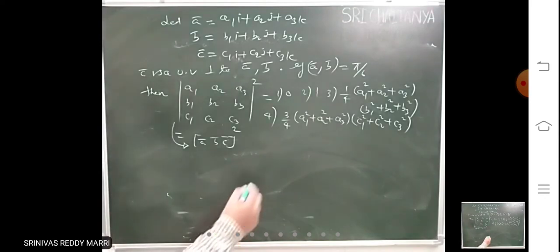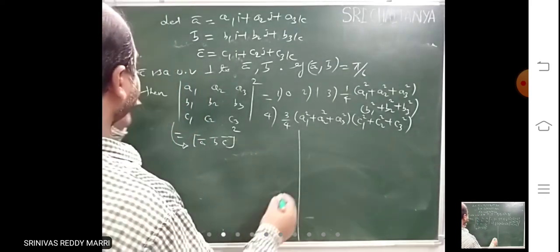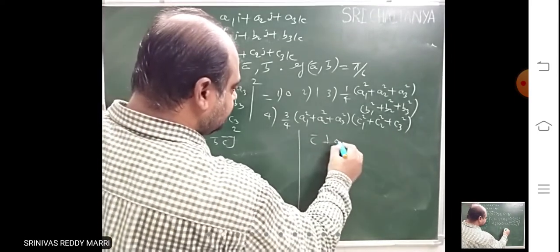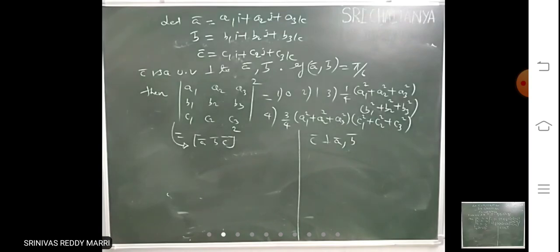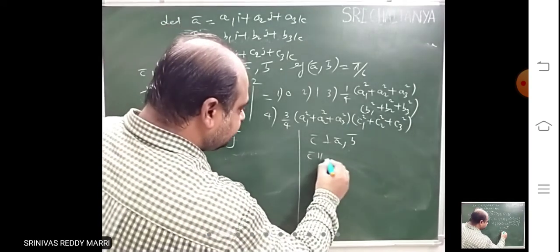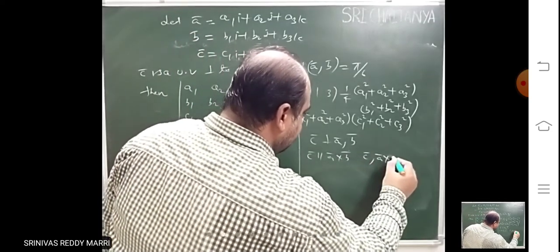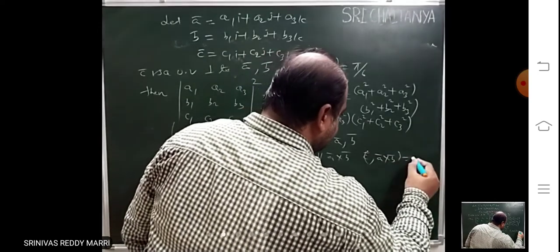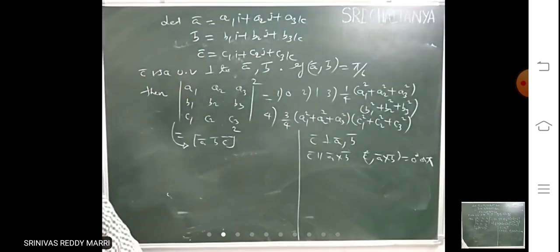So now we will calculate box ABC first. Given that C bar is perpendicular to A bar comma B bar, so C bar is parallel to A cross B. The angle between C bar and A cross B is 0 or pi.